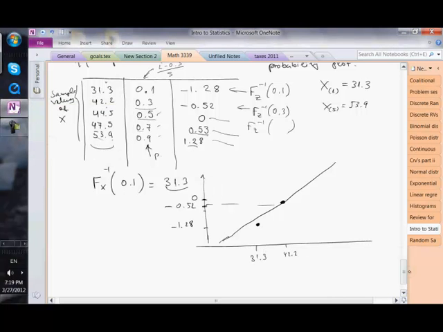So if your data were coming from a normal distribution, since your 44.5, which is somewhere here, let's say, corresponds to the 50th percentile. In the normal distribution, the 50th percentile is actually the mean.